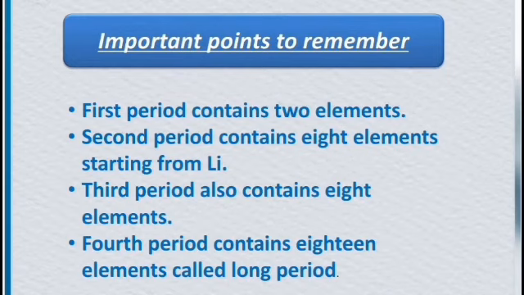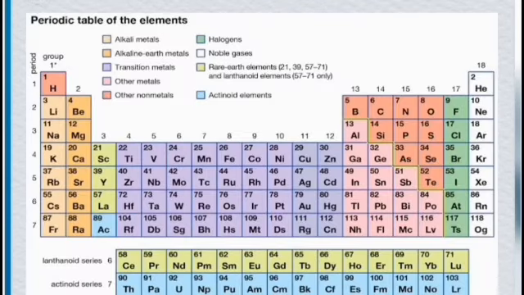Students, as you can see in the periodic table, the first period contains only 2 elements, hydrogen and helium.